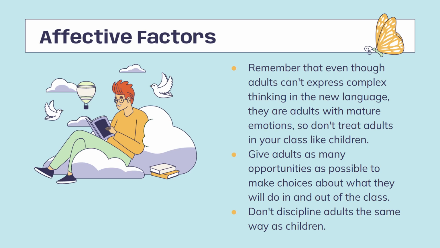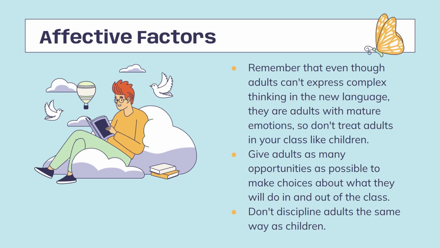For the next point, affective factors. When teaching adults, teachers should remember that even if they cannot express complex ideas in the new language, they are still adults with mature emotions and should not be treated like children. Adults also value independence, so giving them choices in class tasks or homework keeps them engaged.